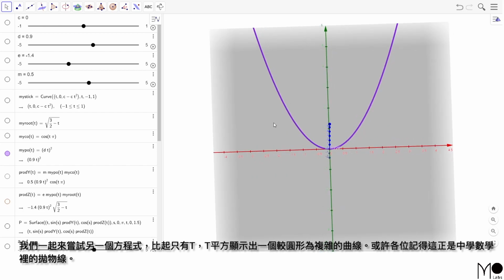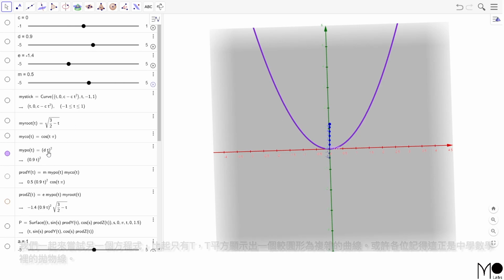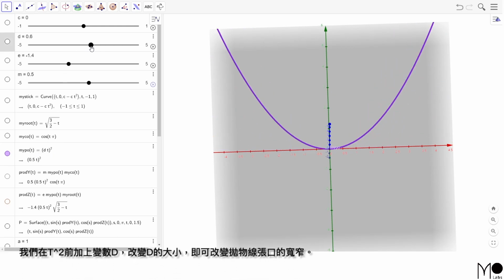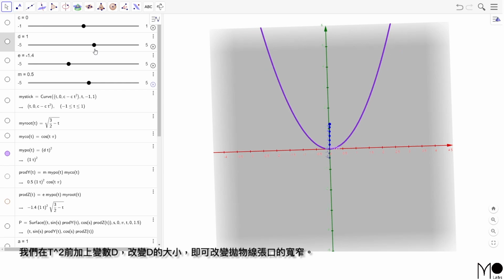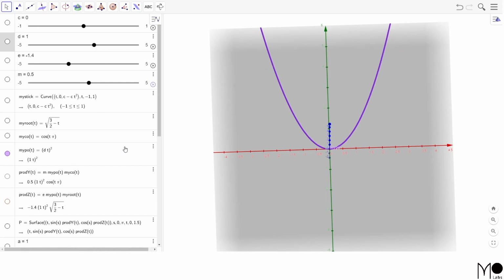Looking from here, you maybe recognize it's just a parabola, and the equation is essentially t squared, but I already added a factor of d in here to be able to change the shape. Hopefully you know this from school. Larger values will make the parabola narrower and lower values wider. Okay, so let me take d equals 1. Why not? It's the standard parabola.